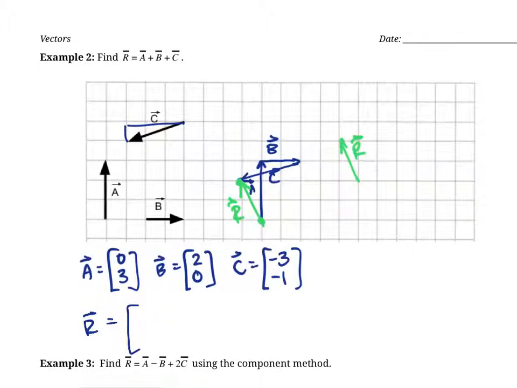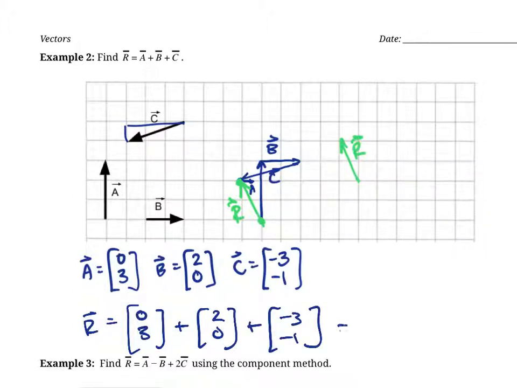We're really adding 0, 3 plus 2, 0 plus negative 3, negative 1. If we add those together, all we have to do is add the x parts of them and add the y parts of them. 2 plus negative 3 is negative 1. 3 plus 0 plus negative 1 is 2. There we go. There's our resultant vector.